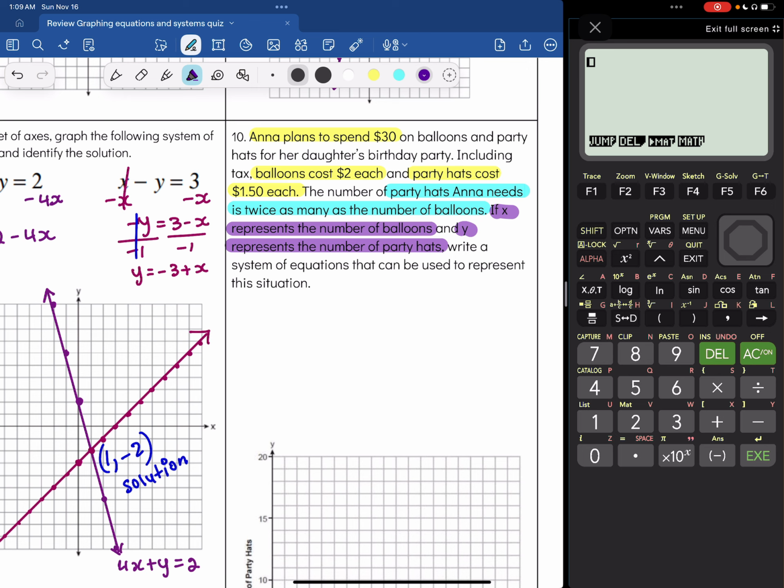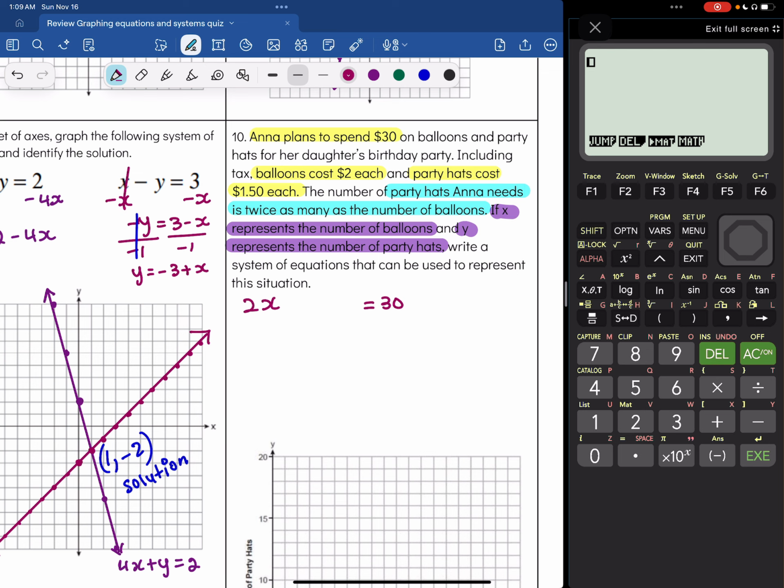Okay, let's write our first equation for the system. So Anna is planning to spend $30. So I know whatever she's spending, whatever the cost is, that has to be equal to 30, right? Then I know that the cost of the balloons is $2 each, and x is representing the number of balloons. That means the cost of the balloons is 2x, right? $2 for each balloon.